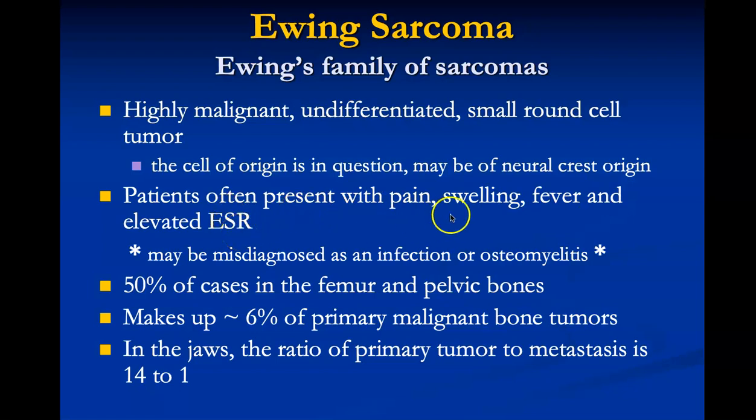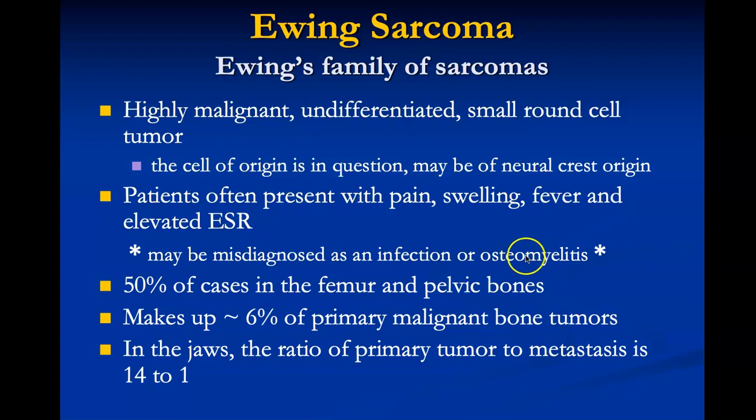And you remember fever would make you think that the patient has osteomyelitis or some sort of infection. And elevated ESR is a non-specific test that usually is associated with increased white blood cells and therefore with infection.